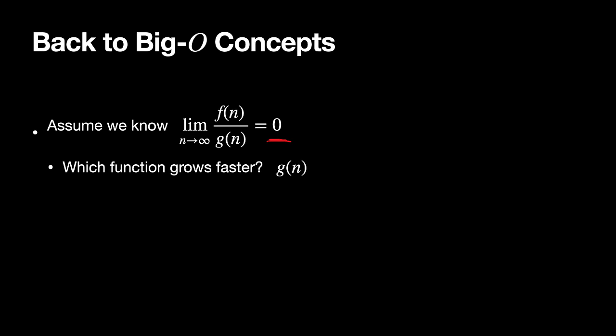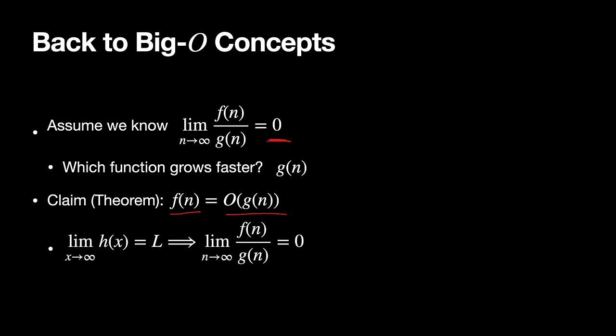So our claim, when we have this specific case where the limit of one function divided by another function is 0, and eventually if we prove it, it'll be a theorem, is that f is in the big O of g. Once we've proven this, we can then use limit tests in order to demonstrate that one function is big O of another.